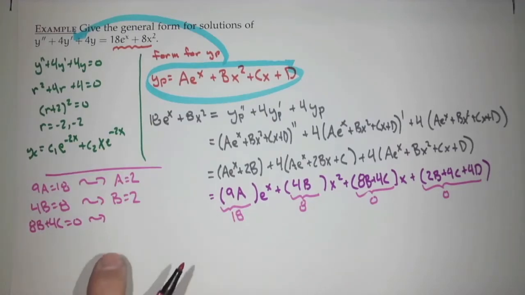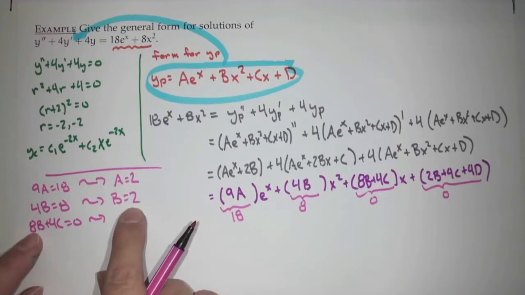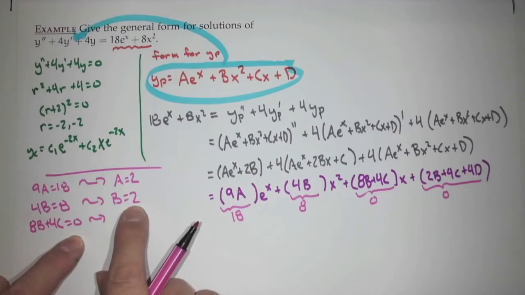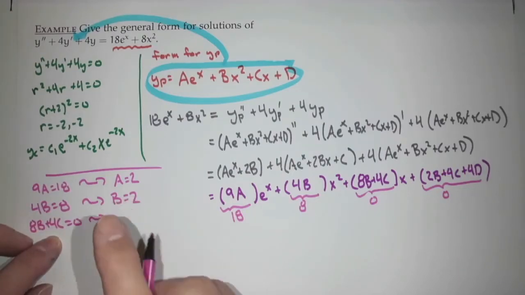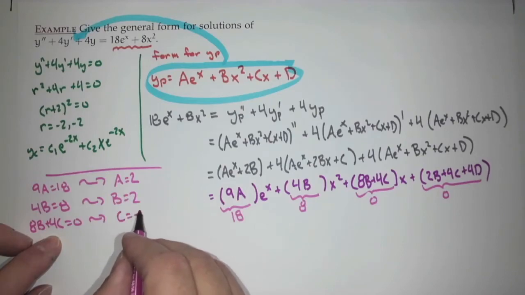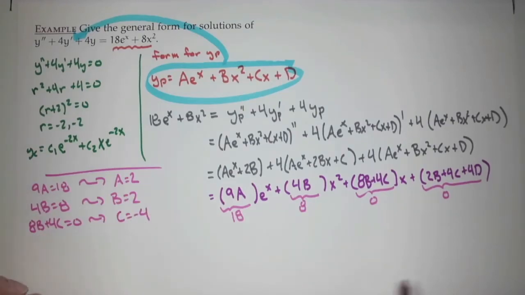Let's see if we can do that. We'll just say it out loud. We know b equals 2, so 2 times 8 makes 16, plus 4c equals 0. 4c equals minus 16, so c equals negative 4. All right. Last equation, we're on a roll here.